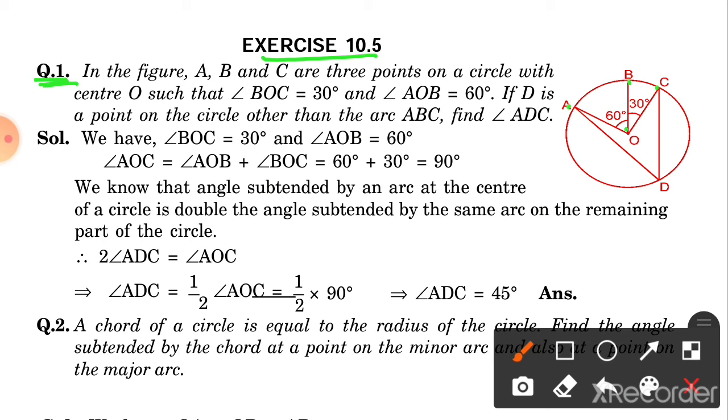If D is a point on the circle other than on arc ABC, so we need to put the point D here. Find the angle ADC.